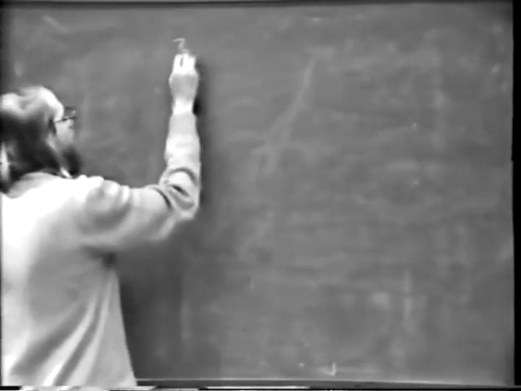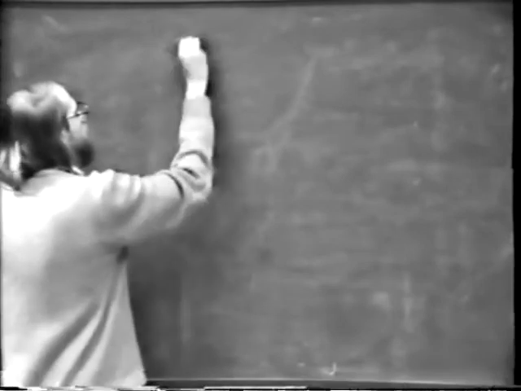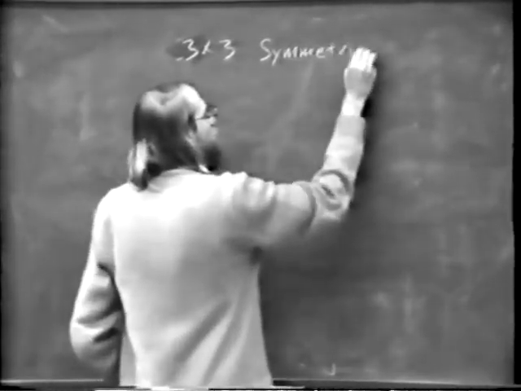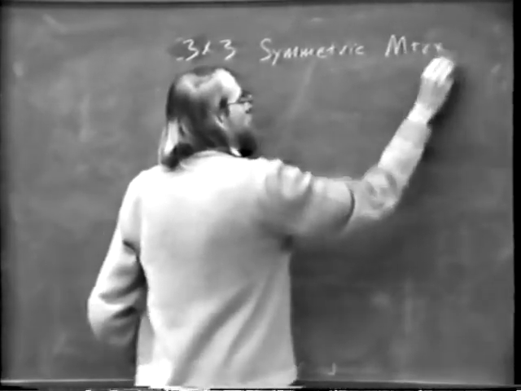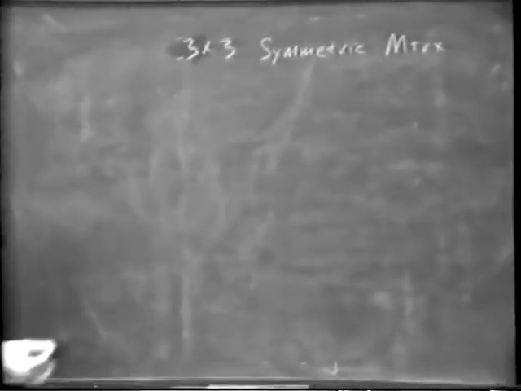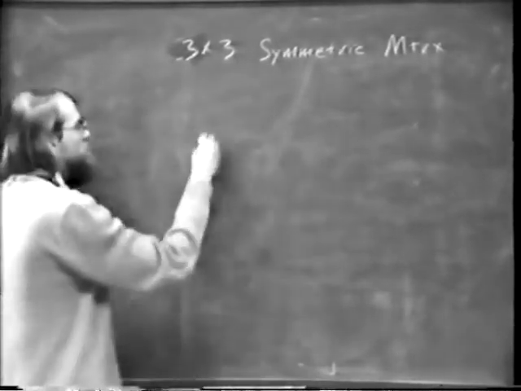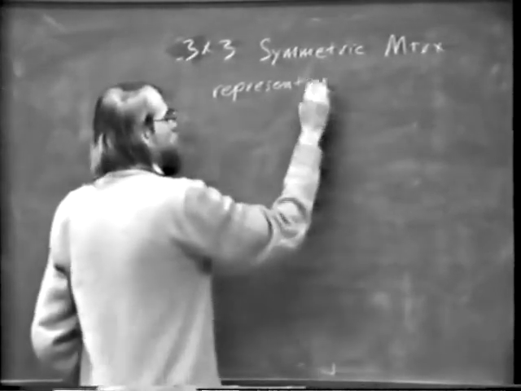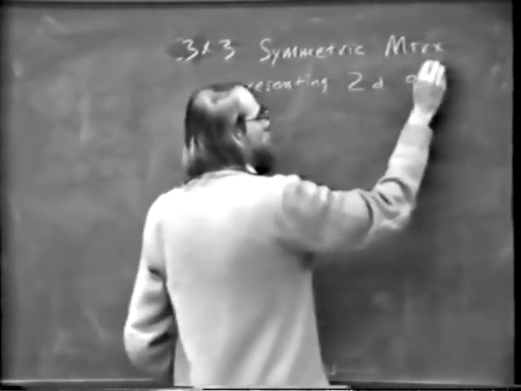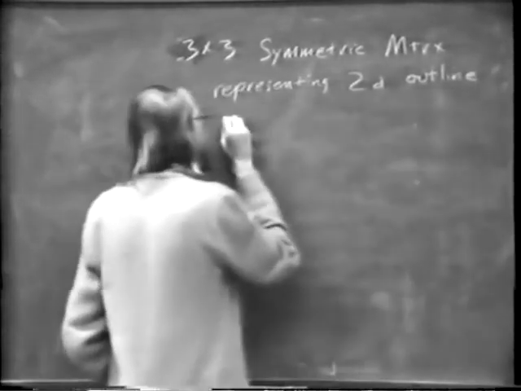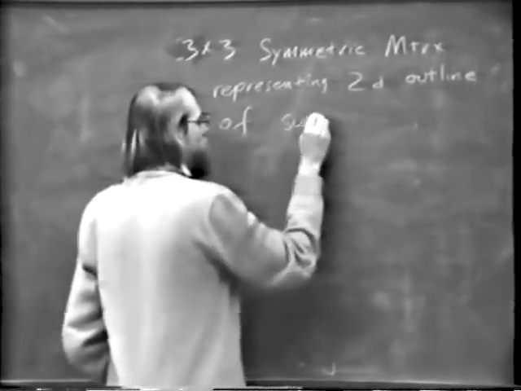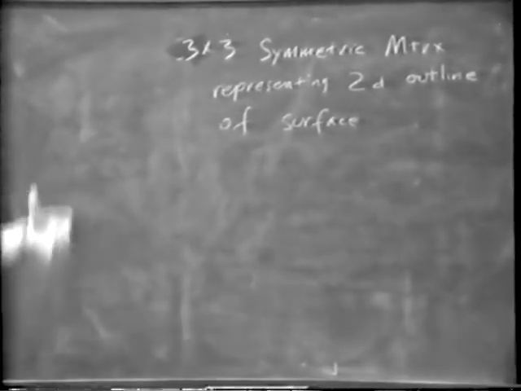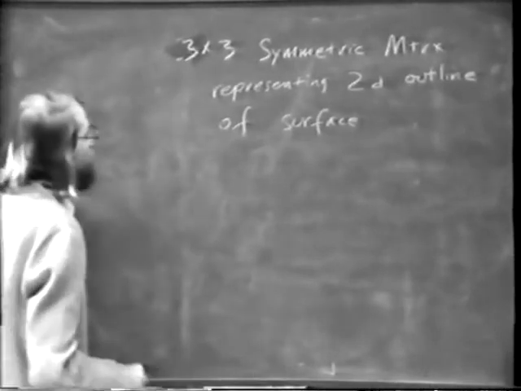What we're going to look for is a 3x3 matrix which represents the two-dimensional conic section, which is the outline of the sphere. Sometimes I'm a little bit sloppy, and I say sphere here when I mean in general a quadric surface, whatever it is that we're going to be looking at.